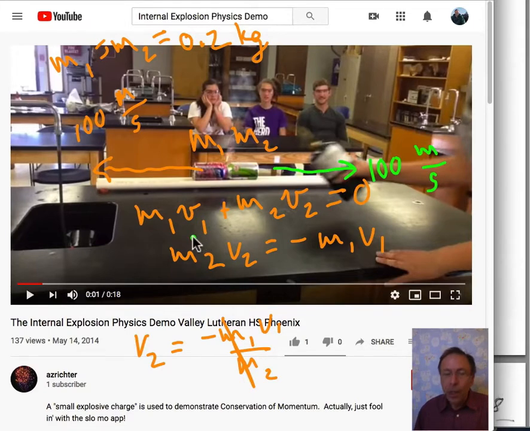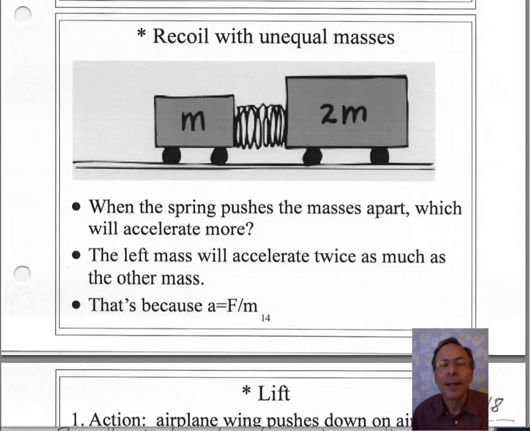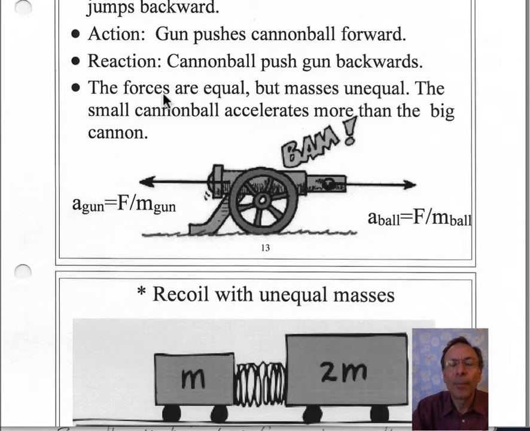Now I want to go back to some notes way back. This is notes for chapter 5. Do you remember this? We're talking about recoil, and how if you have a bullet coming out of a gun, then the bullet's going to come out fast and the gun's going to move, and we call that recoil. Now we can understand this in terms of conservation of momentum.